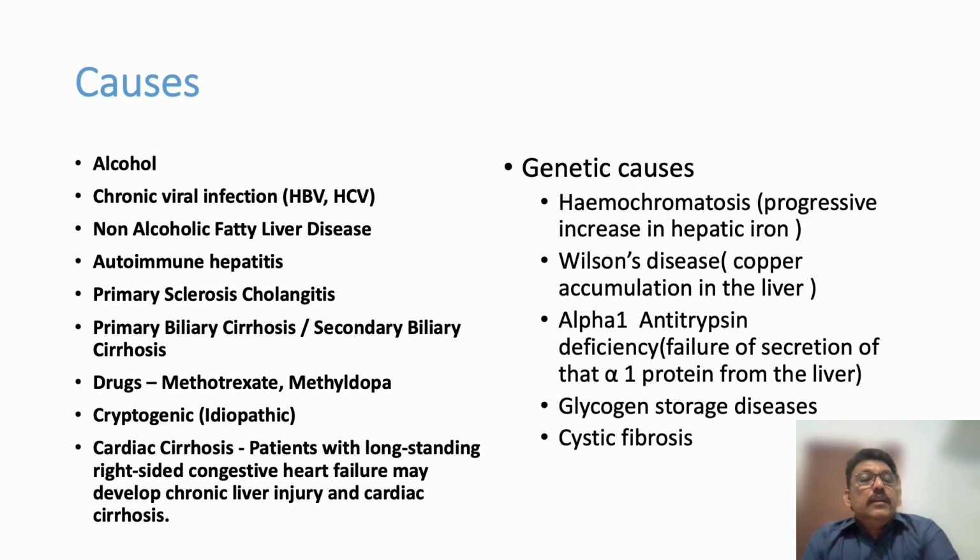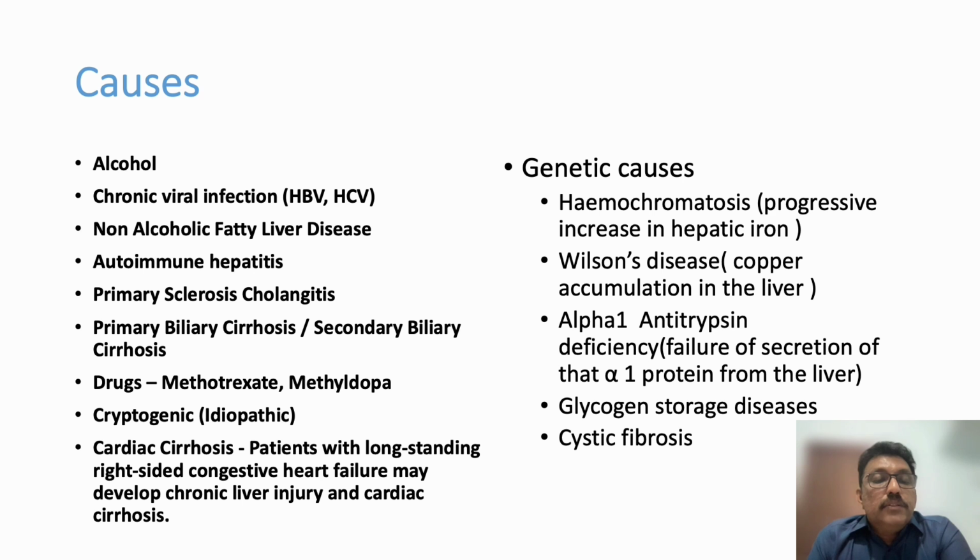All these things also can lead to non-alcoholic steatohepatitis and fatty liver disease. Autoimmune hepatitis is much more common in female patients than male patients. Primary sclerosing cholangitis, primary biliary cirrhosis, secondary biliary cirrhosis, methotrexate, methyldopa, cryptogenic, that means without any cause.